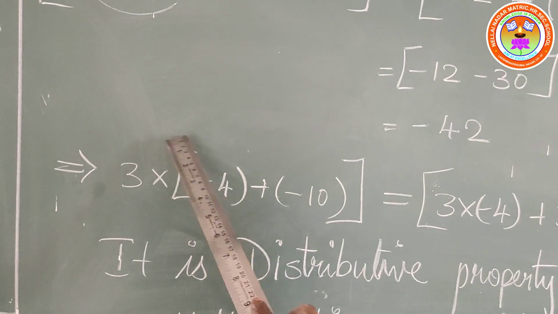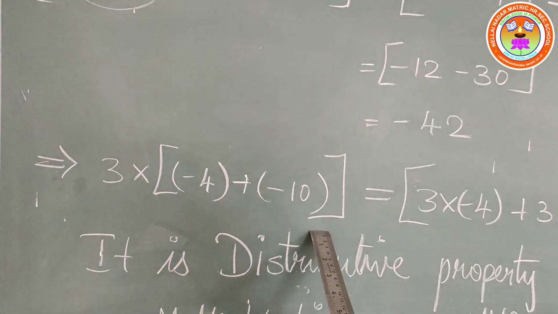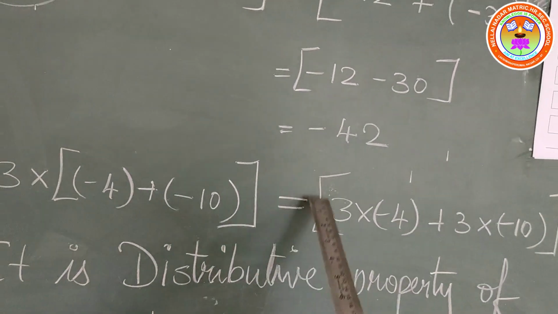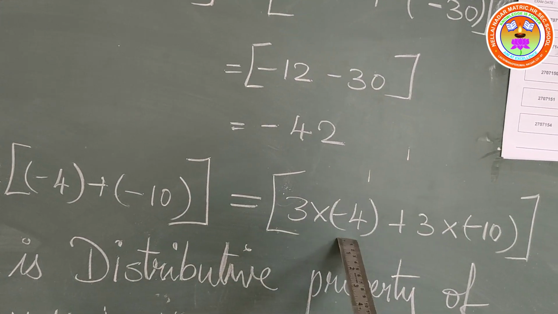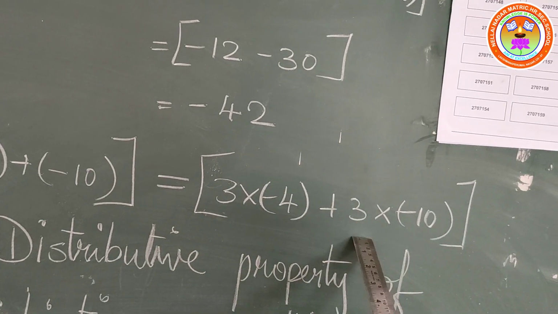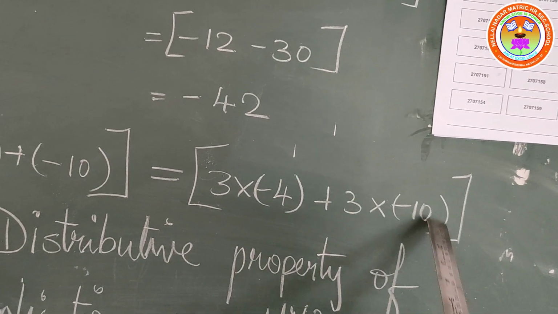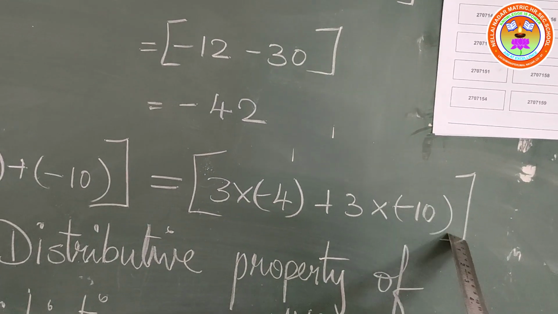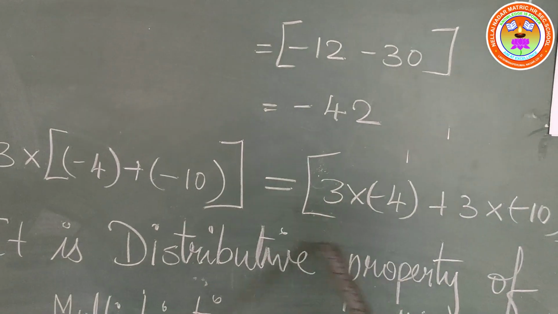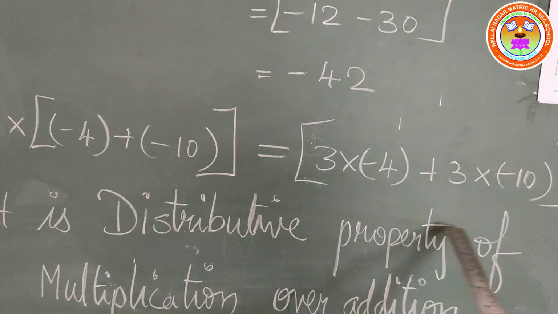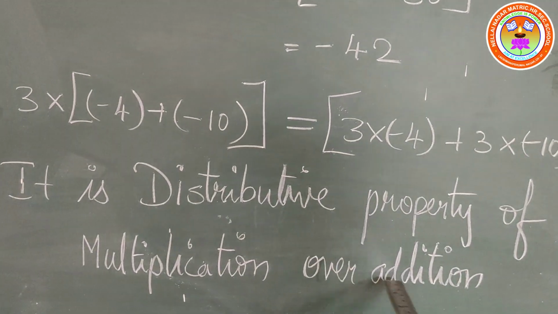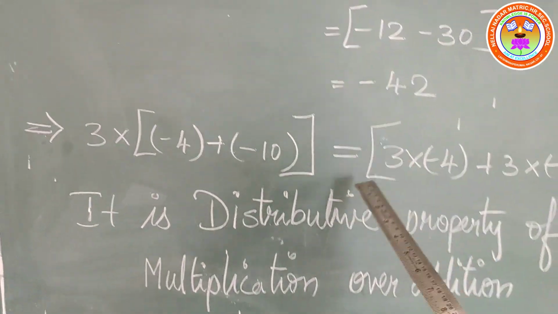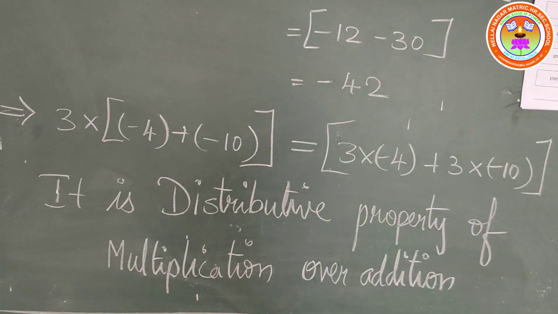A into (B plus C) will be equal to A into B plus A into C. So this is similar to the distributive property of multiplication over addition. So we have just found out both are equal and we have written what the property is also.